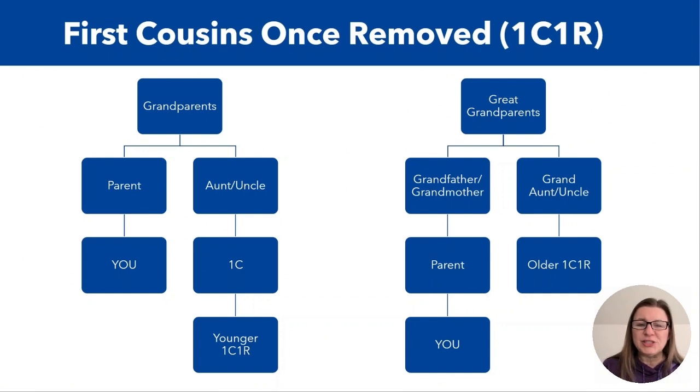Well, in this situation, I only share one grandparent with my older first cousins once removed. Because here's me, my parent, let's say this is my dad, and it's only either his dad or his mom. And then we're sharing great grandparents in common, a couple, but only one grandparent, either grandfather or grandmother. So this is absolutely fine. While it's unlikely that I will see one of these where they are sharing a set of grandparents and therefore potentially merging my clusters if they're a key person, I will have matches like this, which are absolutely fine.